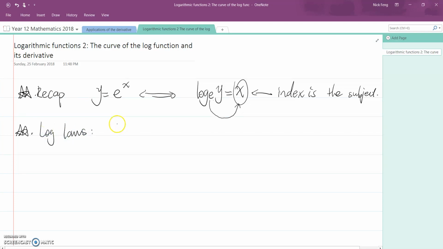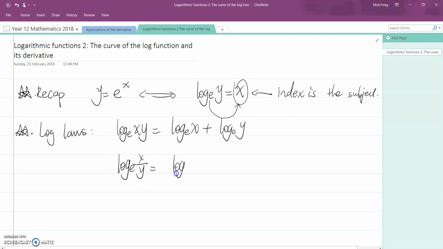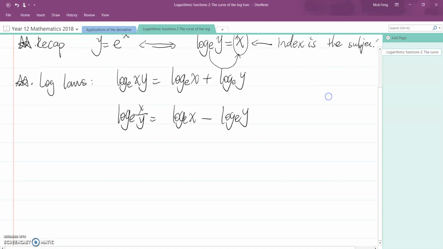So the very first, of course, important one: log of xy equals log x plus log y. Now, even though I'm just writing log base e, these log laws are actually true for any base. I'm just using base e for convenience.